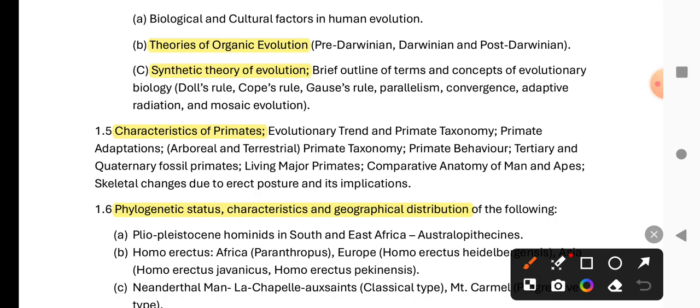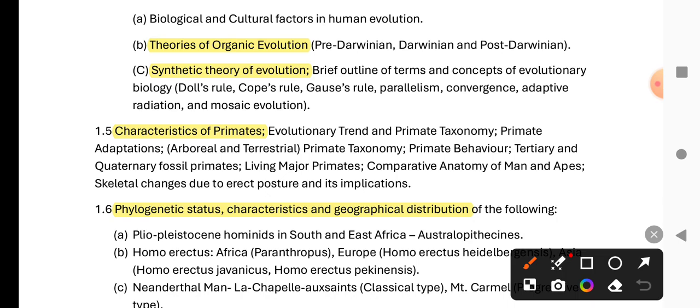In geographical distribution we will separate who found, when found, where found, and names of other places of these fossil evidences. Next are physical features, cultural features, and evolutionary status, that is phylogenetic status.